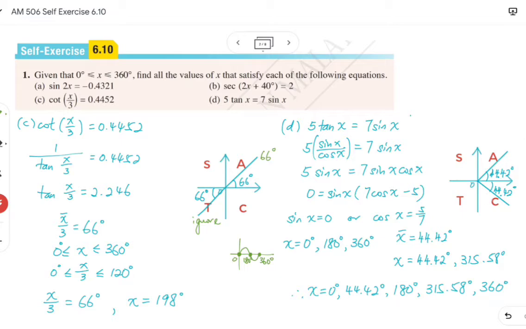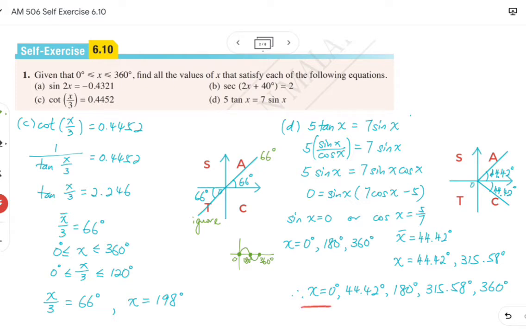And the angle will be, start counting from positive x-axis, anti-clockwise, we get 44.42, and from positive x-axis, anti-clockwise to here, we have 360 degree minus 44.42, which is 315.58. So these are the x values that we get from the solution.